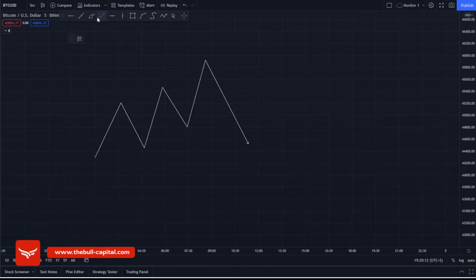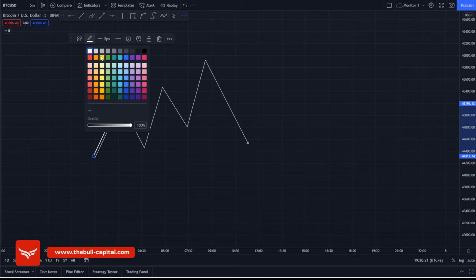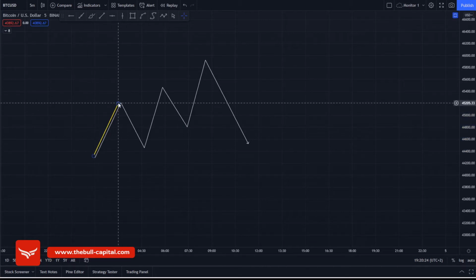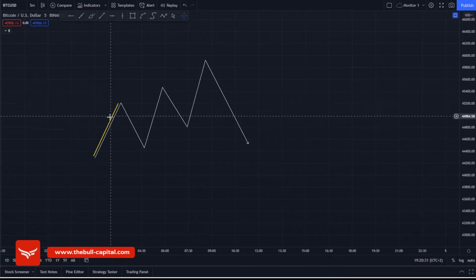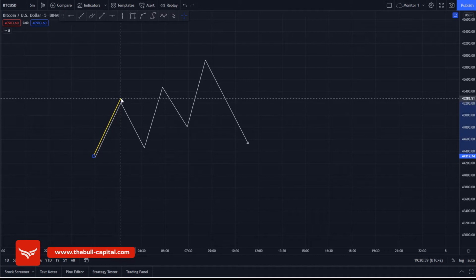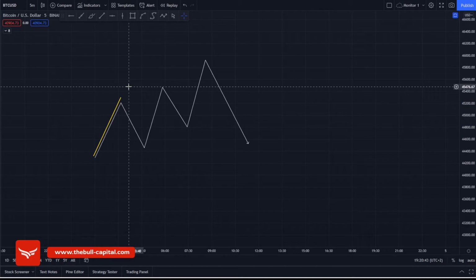Actually, let me try it like this. Yeah, it creates a swing. I will change the color to yellow. Yeah, it creates a swing high. It starts from a lower price, and somewhere it's gonna stop going higher. At that point, the price is gonna go down again.